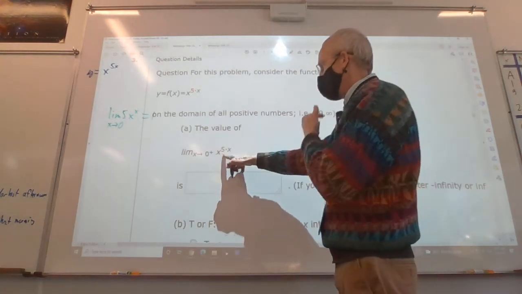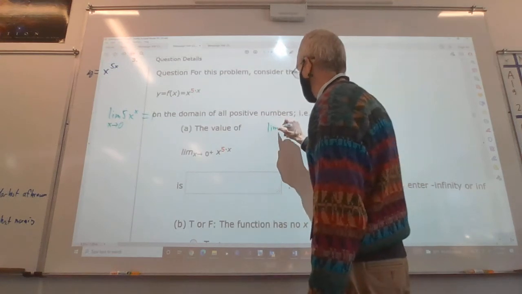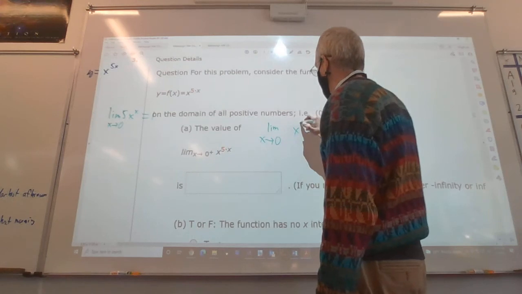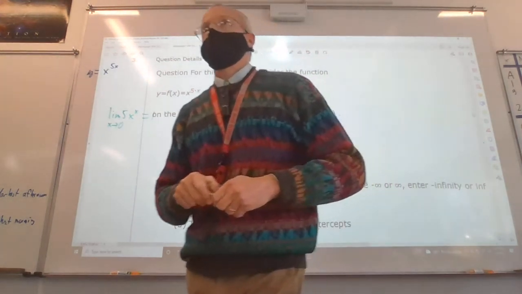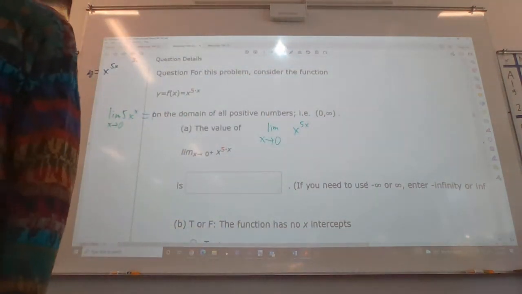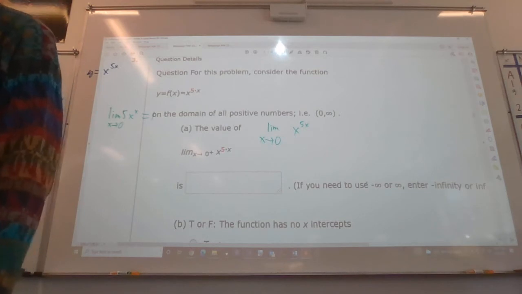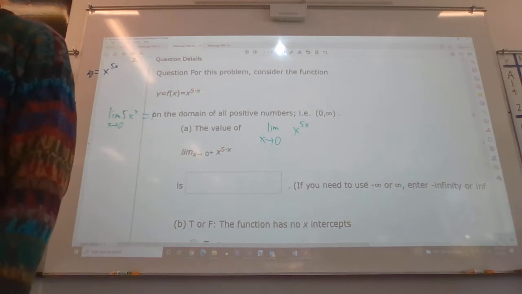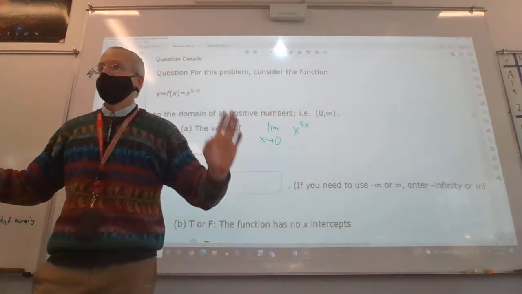So we want the limit as x approaches 0. Let's write it the normal way: limit as x approaches 0 of x to the 5x. Remember, we did this before with x to the x. So this is not logarithmic differentiation, it's logarithmic limits. It's not a fraction, so we can't use L'Hopital's rule.